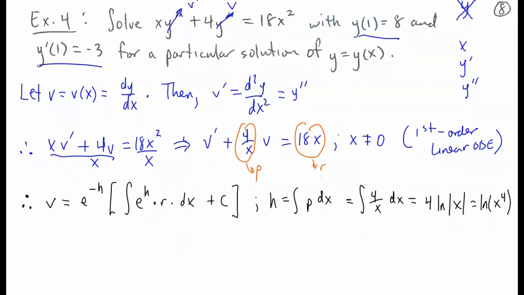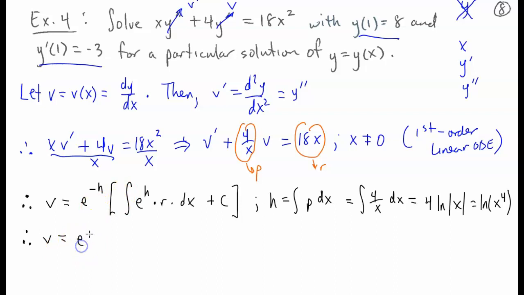All right, so from this point here, we can just go ahead and find our e raised to the negative h, e raised to the positive h, dump in r right here, and then just finish up solving for v here. So this means that v is going to be, well, I'll just do it like this.